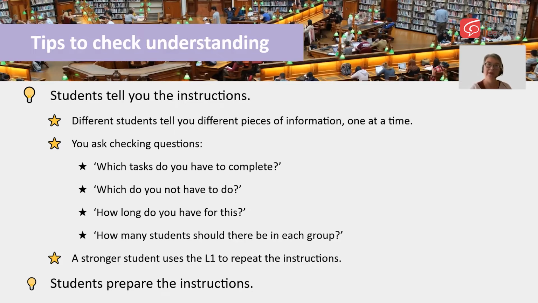And instead of having them speak to the class as a whole, you could put them into groups, and in each group you could have one student repeat the instructions for their group members.